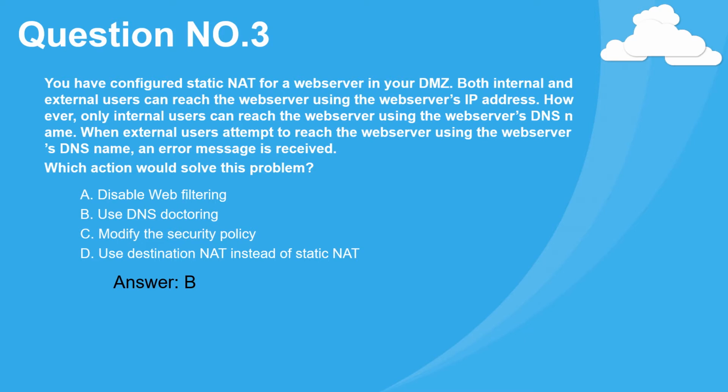When external users attempt to reach the web server using the web server's DNS name, an error message is received. Which action would solve this problem? A. Disable web filtering. B. Use DNS doctoring. C. Modify the security policy. D. Use destination NAT instead of static NAT. Answer B.